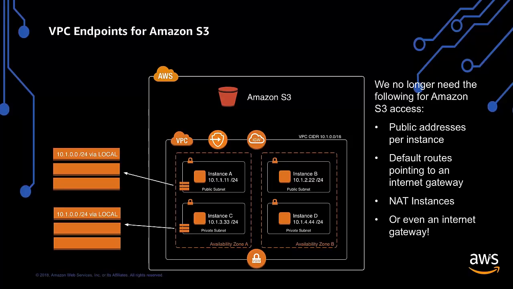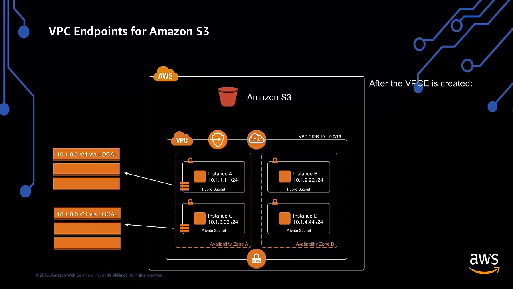To make this endpoint work, what we end up adding per subnet is a prefix list. That roughly says that all the S3 addresses go to this endpoint, and we'll do that per subnet. Now all the endpoint traffic is going through our endpoint, and we can apply some more security. There are things like endpoint policy.